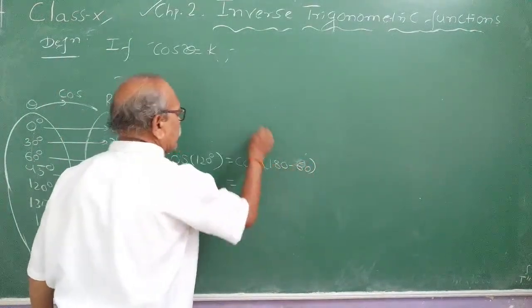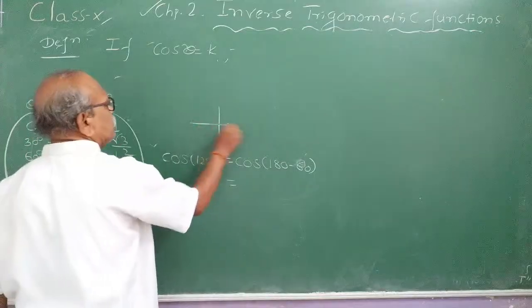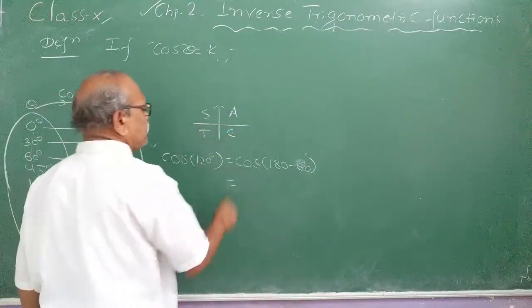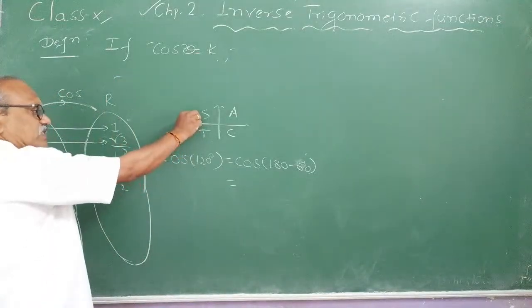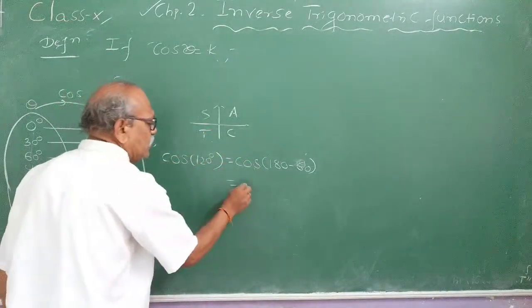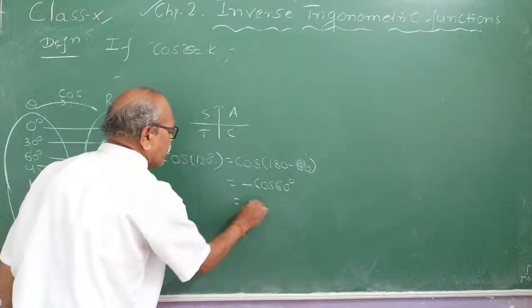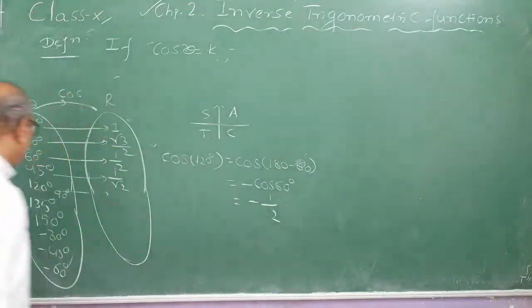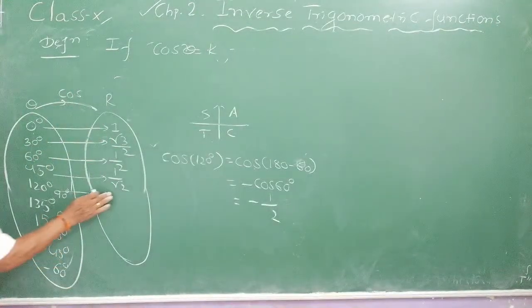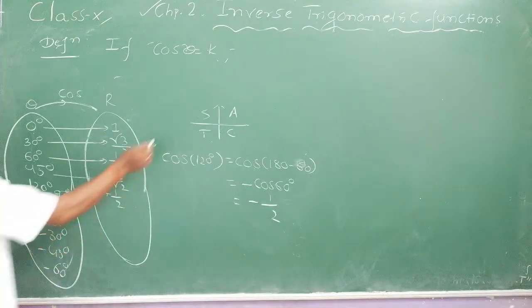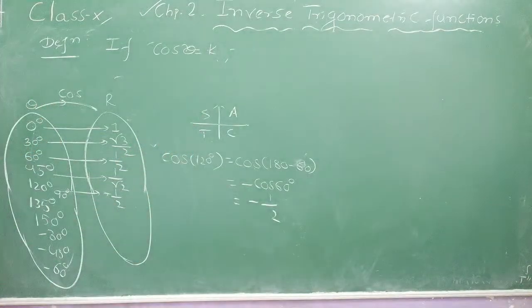In the second quadrant, according to the ASTC rule, what happens to the cos? Only sine and cosec are positive, but cos is negative. Therefore, you write minus cos 60 degree. Therefore, the value will be minus 1 by 2. No problem. Cos 120, second quadrant, is minus 1 by 2, a different value than plus 1 by 2.